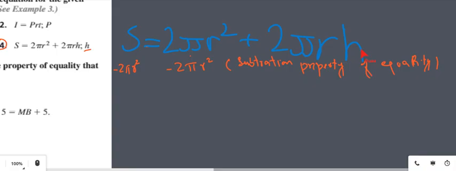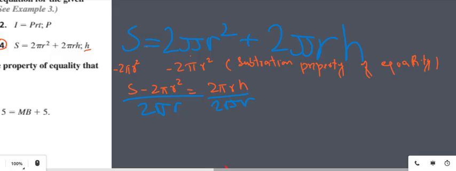So I will get s minus 2 pi r squared equals 2 pi r h. And now, because I have to make h the subject, I am dividing by 2 pi r on both sides by using the division property of equality.